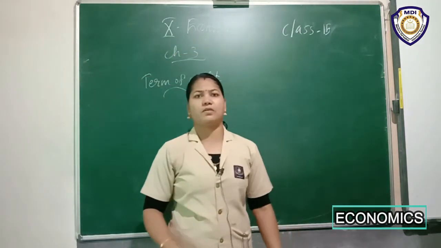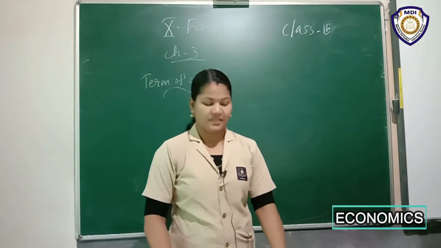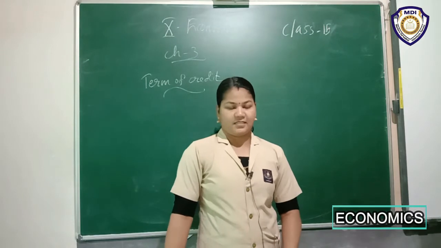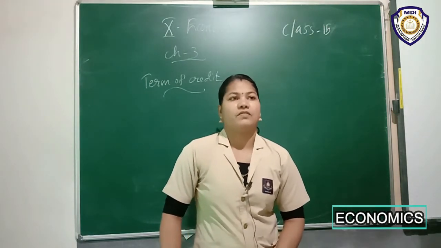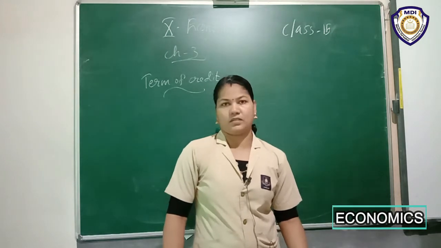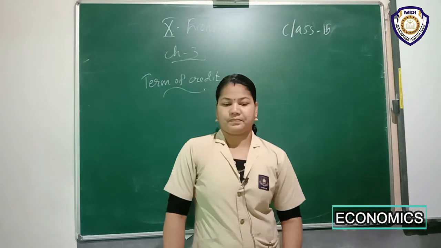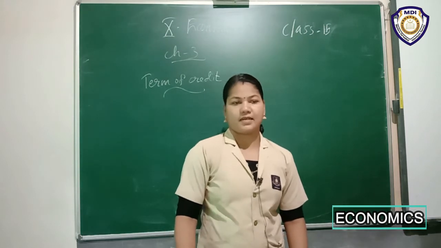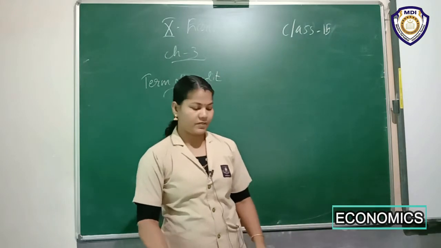Maybe somebody has some doubt which chapter it is, the third chapter. Terms of credit means on what basis we will take a loan from the bank, what promises or what assets are needed. And so many things we want to discuss.